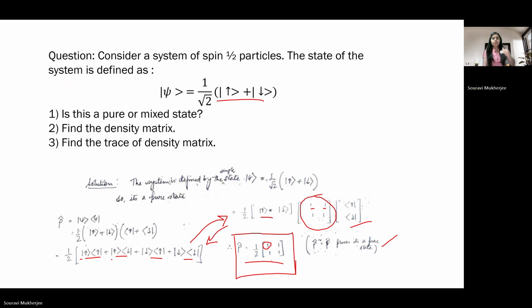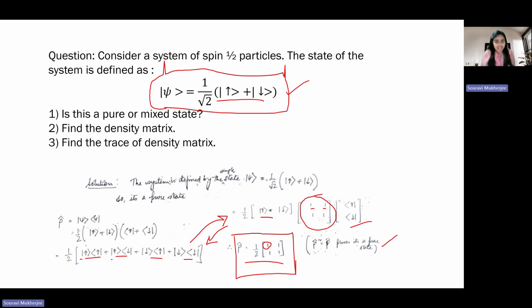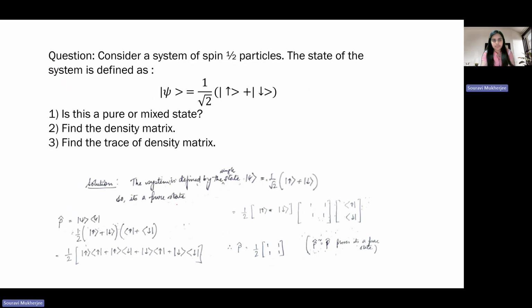So you can actually change the basis vectors, and when your basis vector is defined by some quantity like this, if you choose psi as one of your basis vectors, in that space your rho will have only one non-zero value, and that value will be 1. All other terms would be 0. What is this telling you? This is telling you that your system is in this particular state with 100% probability. So that's how a typical density matrix for a pure state would look. And the trace is 1.